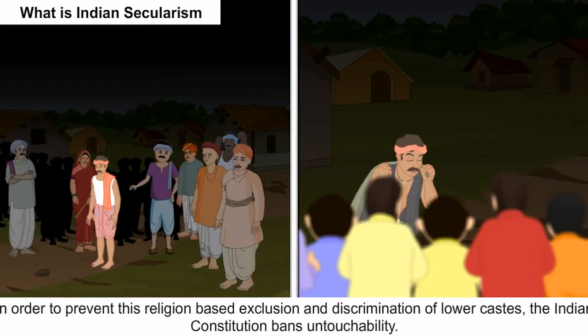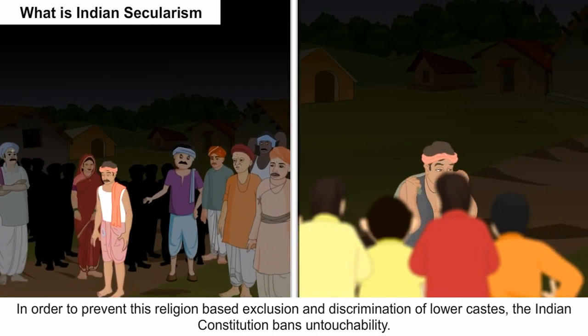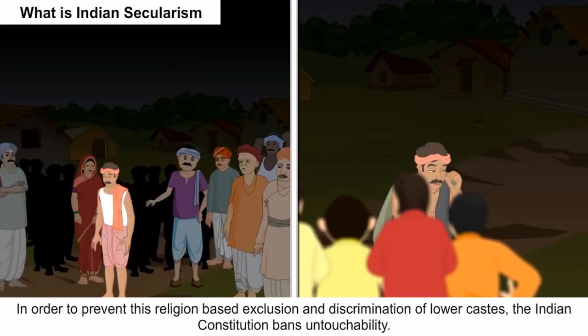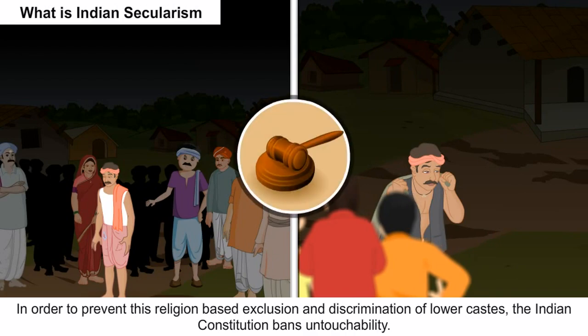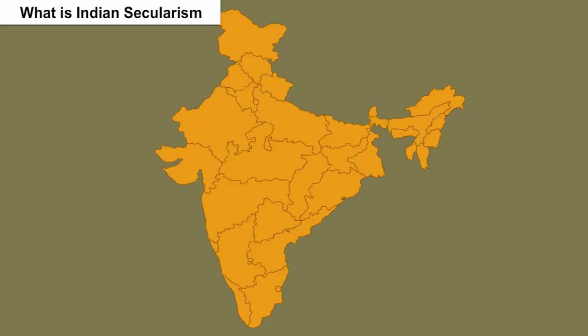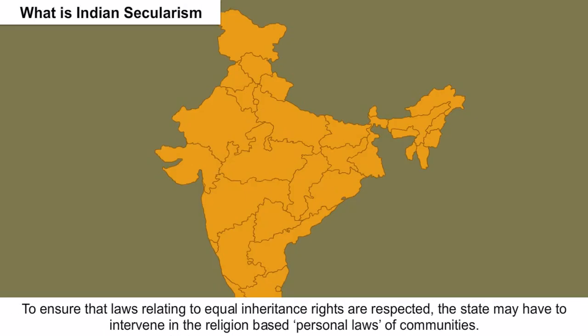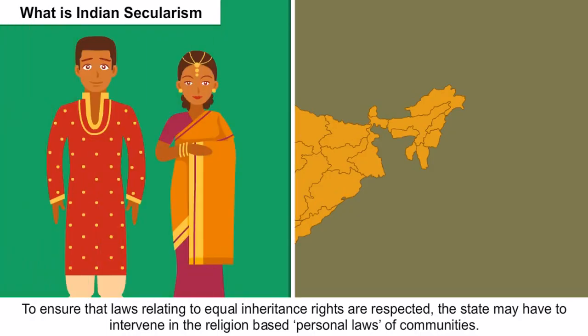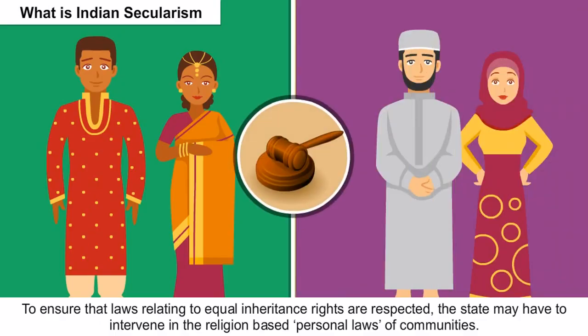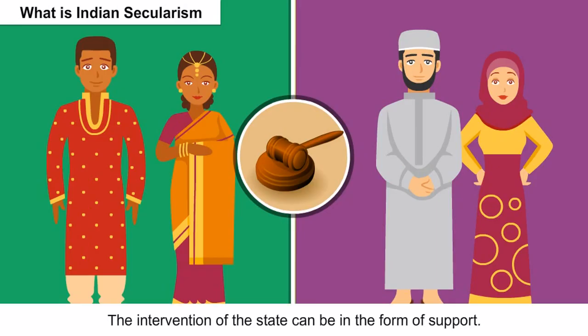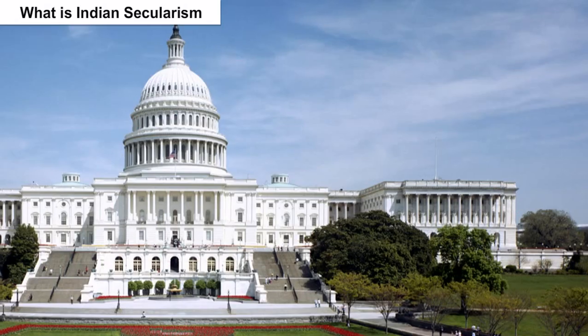In order to prevent this religion-based exclusion and discrimination of lower castes, the Indian Constitution bans untouchability. To ensure that laws relating to equal inheritance rights are respected, the state may have to intervene in the religion-based personal laws of communities. The intervention of the state can be in the form of support.